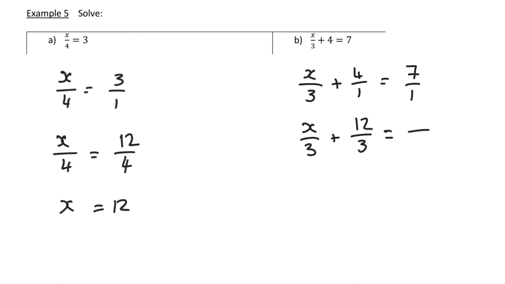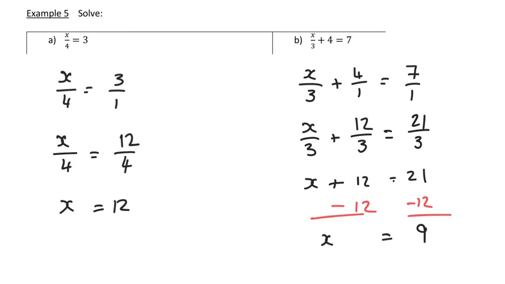And then 7 over 1 is going to be a fraction over 3, so that's 21. So we've multiplied top and bottom by 3. Now because the denominators are the same, we can just drop them. So we've got x plus 12 equals 21. Then by taking away 12 from both sides, we get that x is equal to 9.